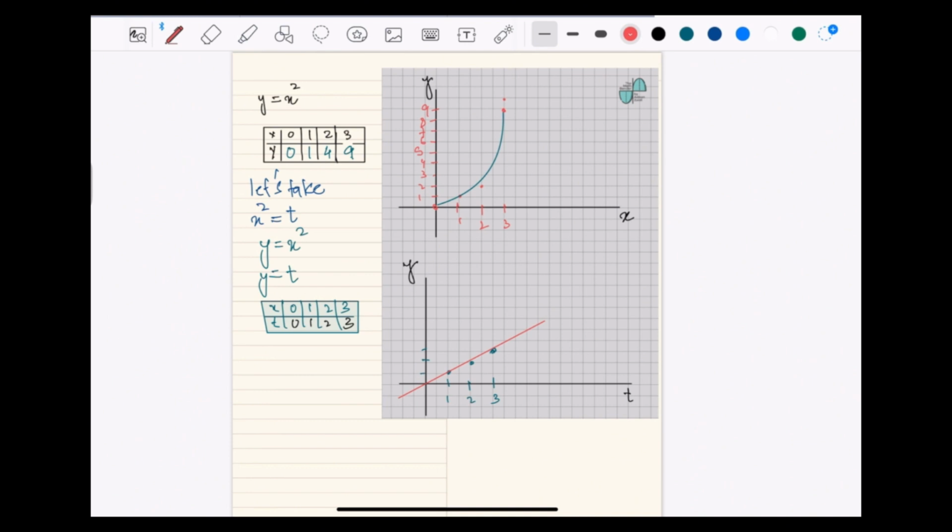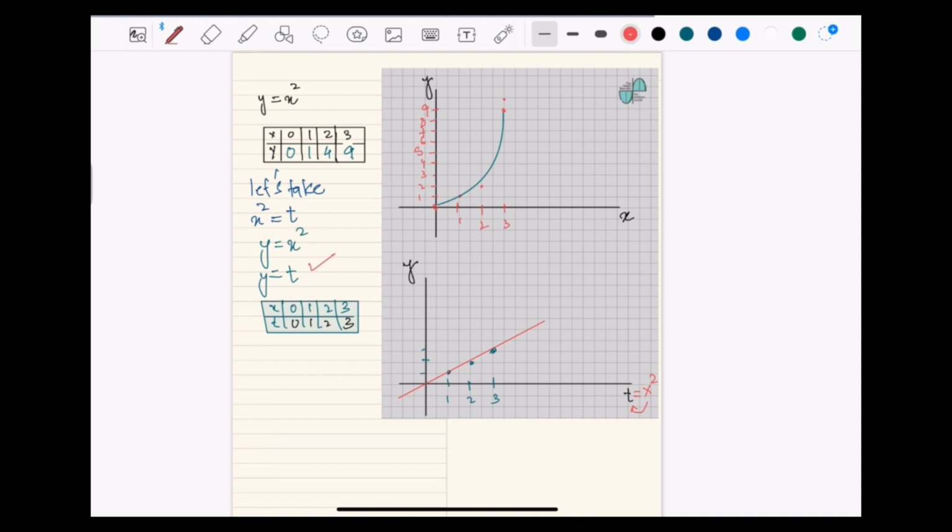Notice that t was actually initially x squared, which I manipulated in a manner so that it looks like a straight line. So this is what linear law is about: converting or changing the x and y axis in such a manner that it looks like a straight line.